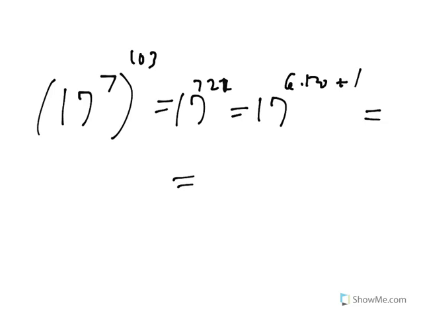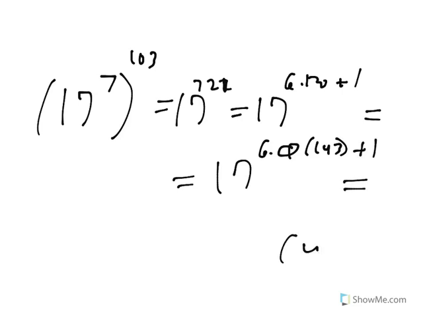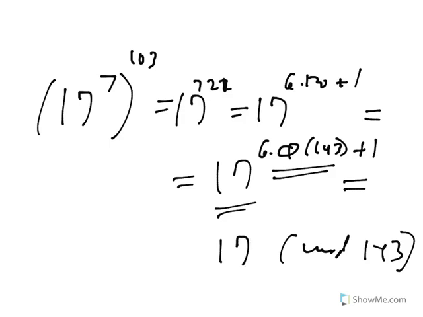And that 6 times 120 could be written as 6 times phi of 143, plus 1. And we have a rule that if you're modding by 143 and you raise anything to something times the phi of 143, which is 120, plus 1, you'll always get back to what you started with. And that's why RSA encryption works.